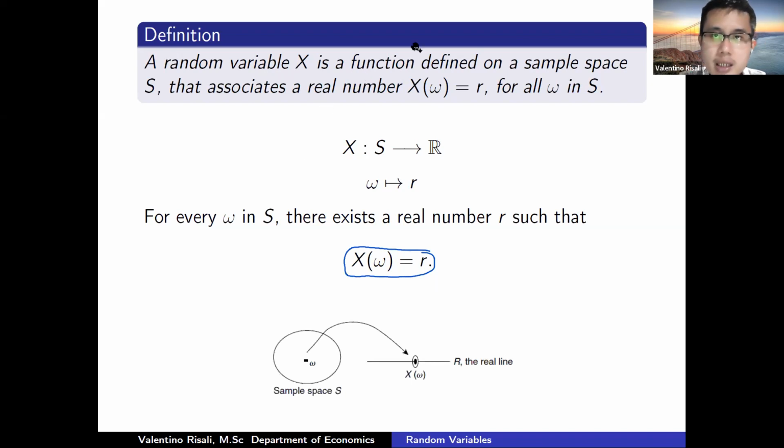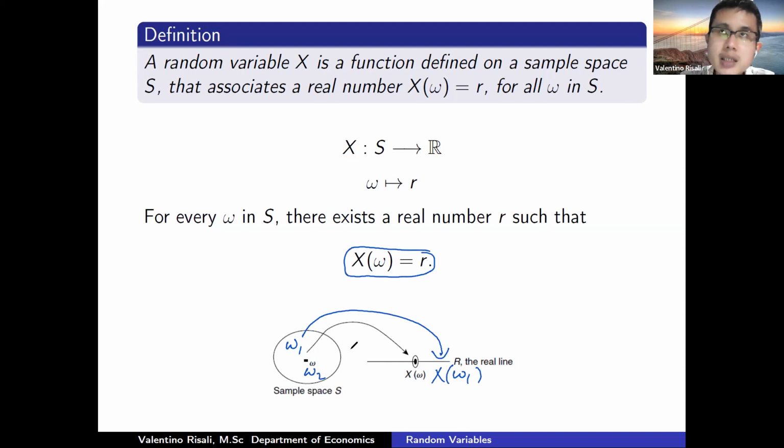For the illustration of the random variable, if we have S for the sample space and an element omega, we correspond this omega to the real number X(omega). If we have another element, for example omega 1, it corresponds to another number X(omega 1).